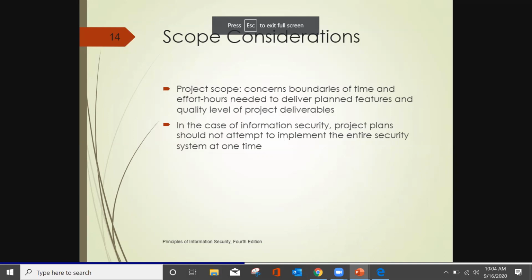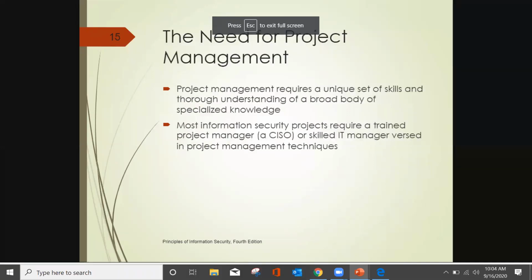That's called scope. Project plans should not attempt to implement the entire security at a time, so they need to phase it out. You work with smaller, easier, cheaper things first, and then you work with, okay, maybe for this we also need this additional security, maybe we also need this additional security, and so on. So the need for project management is skill.